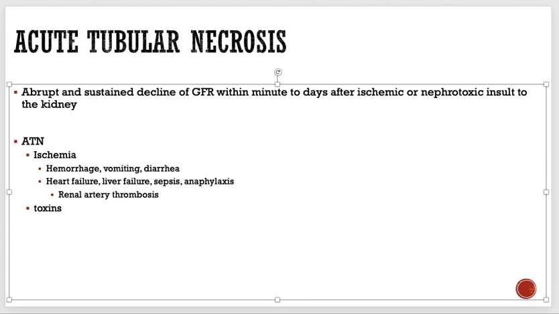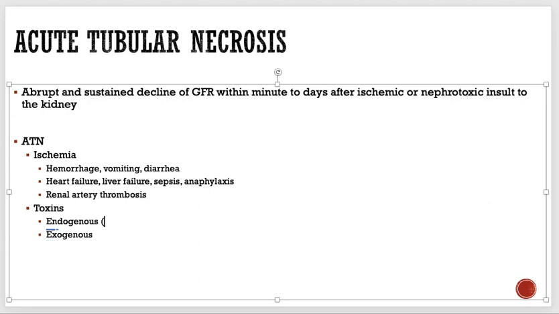So whatever is the case, you can see over here, the ultimate thing is that either there is a decrease in circulating volume, decreased effective circulatory volume, or there is decreased blood supply due to occlusion of the vessel. It can lead to ischemia of the kidneys, right? And toxins, as I told you, remember, it could be endogenous toxins or exogenous toxins, okay, the toxins which can come from inside or outside.